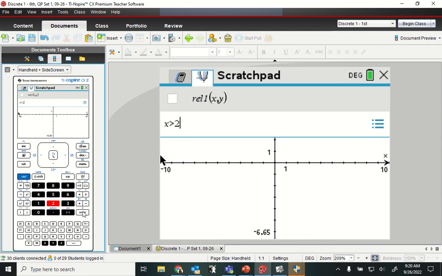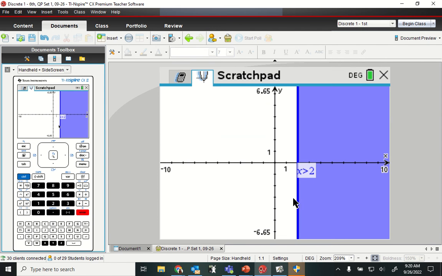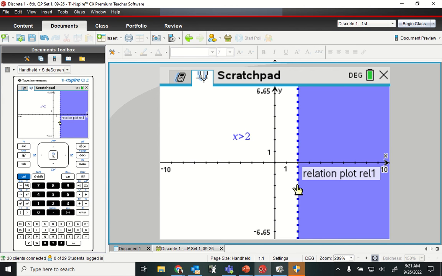Just like that, right? Hit enter. Now, I got a problem with this one. What type of line am I supposed to have? There it is. Okay, I had to move that out of the way. All right, there you go. Dotted line because it's not equal to.